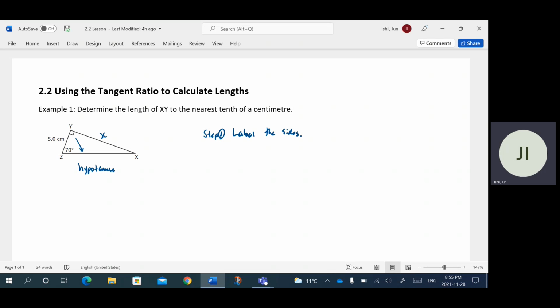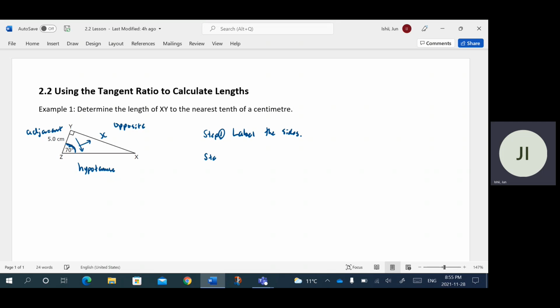And if you recall, the opposite and adjacent sides depend on the angle that you're working with. In this case, we're working with this angle here, which is 70 degrees, which makes the x our opposite side, because it's across from the 70. And this 5.0 centimeters here is our adjacent side. So this is how you would label this triangle.